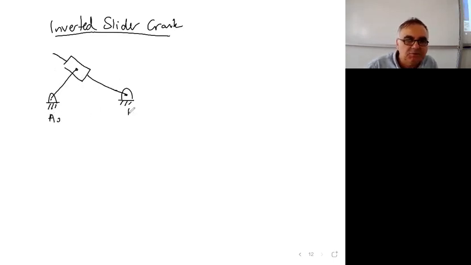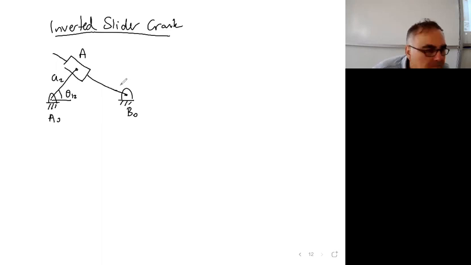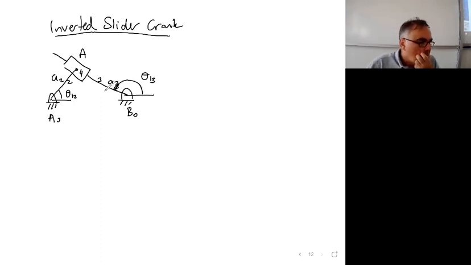Let's say this is A0, this is B0, and this is A. Okay.